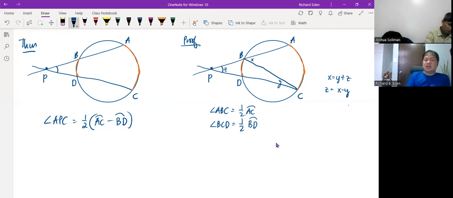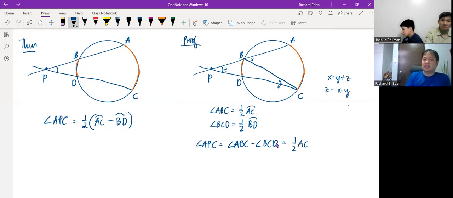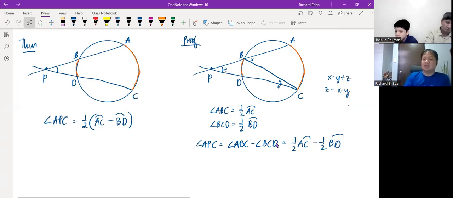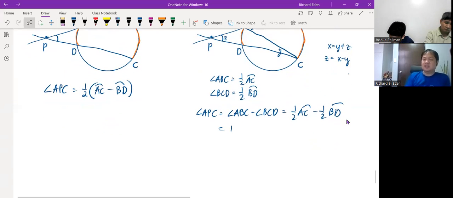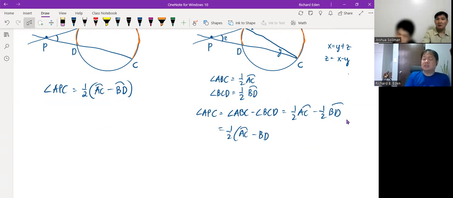And then angle Z, which is angle APC, is equal to X minus Y. So that's angle ABC minus BCD. Putting everything in, half of arc AC minus half of arc BD. And there you go. Angle APC is 1/2 arc AC minus arc BD. There it is.